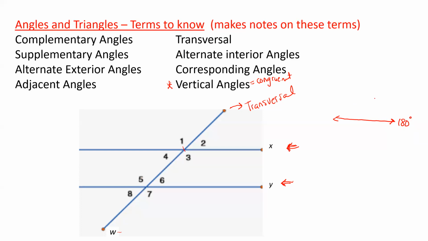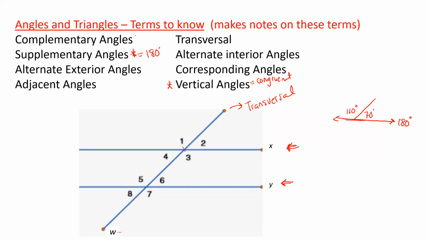If I make that straight angle into two angles, when I add them together I still have to get 180 because together they form the straight line, right? So if this was 110 degrees, that means this little acute angle has to be 70 degrees. That's supplementary: two angles that together equal 180 degrees.